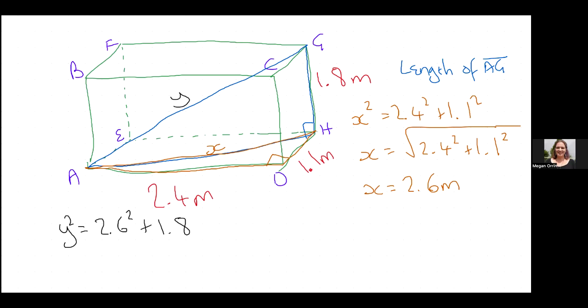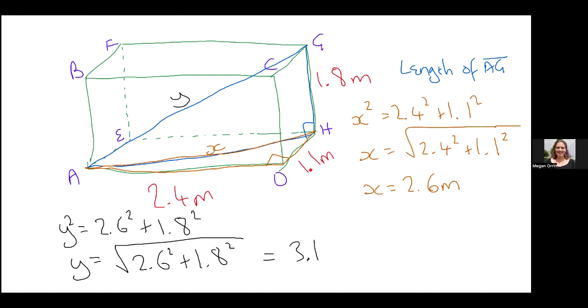So Y is the square root of all of that, which is 3.16. Okay, let's do 3.2. All right, so Y is 3.2. This is a 3D line.